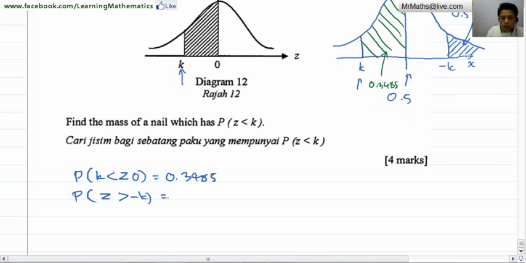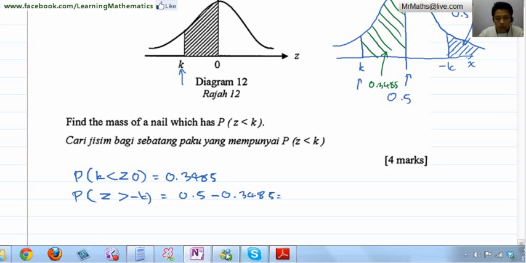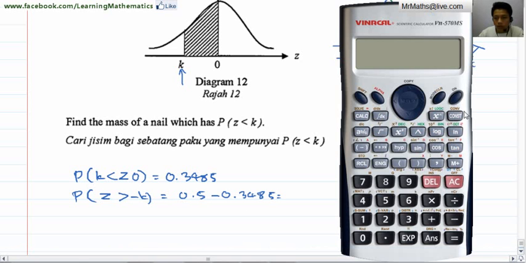This is 0.5 minus 0.3485, which is 0.1515. Okay, this could be confusing because we are doing some kind of transformation.